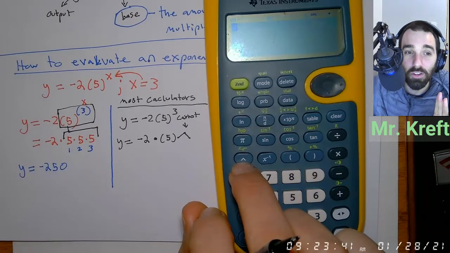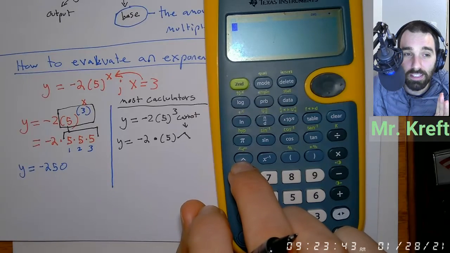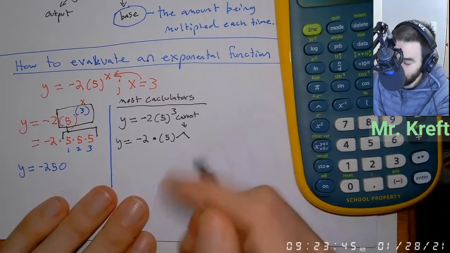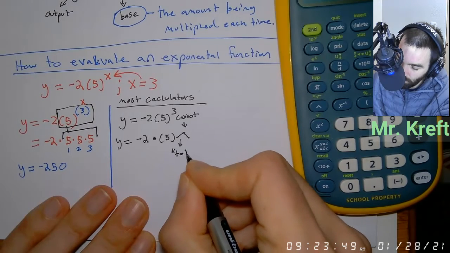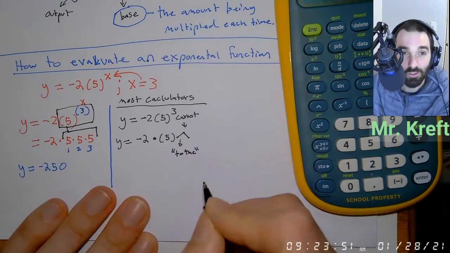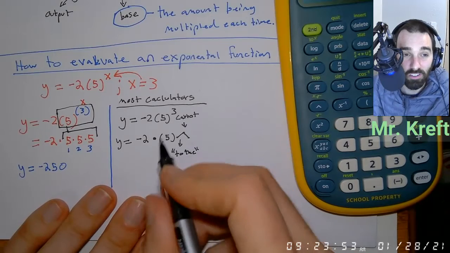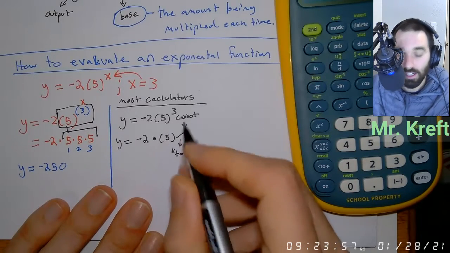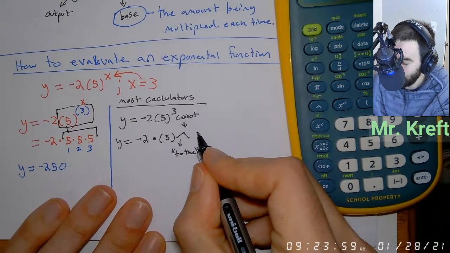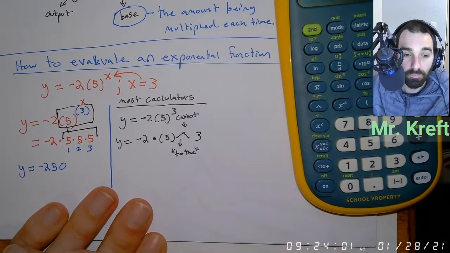Anyways, I'm just trying to show you this symbol right here. It means "to the." So in English, I would say -2 times 5 to the third power.